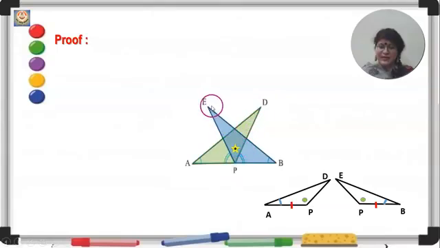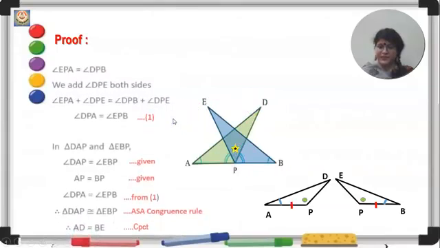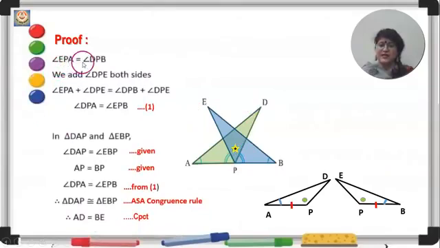At the same time, this angle EPD, I am going to add it to angle BPD. So what do we get? Mention this. Angle EPA is congruent to angle DPB, which is shown by this indication.